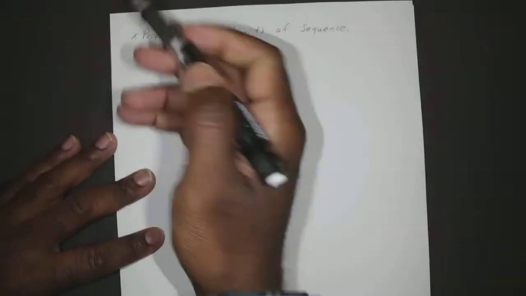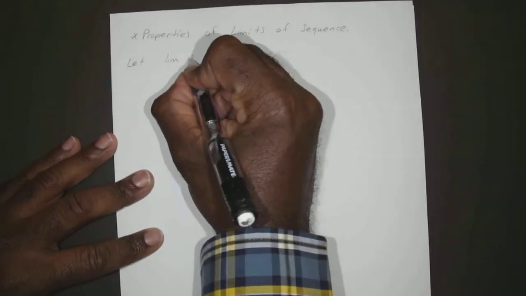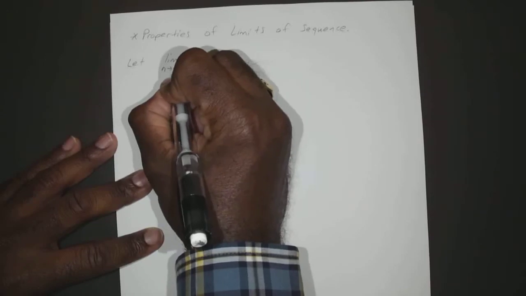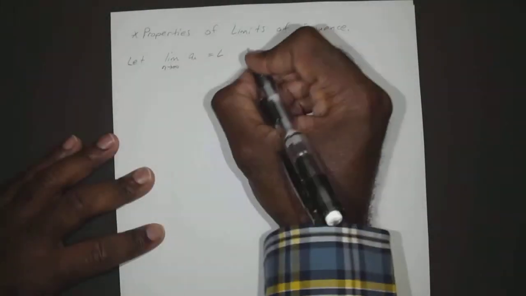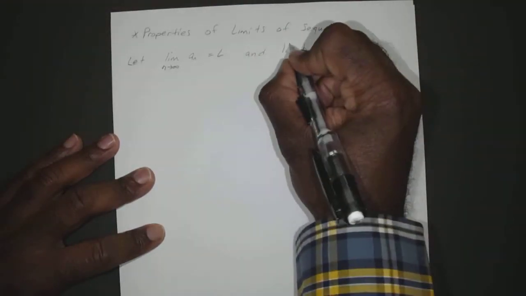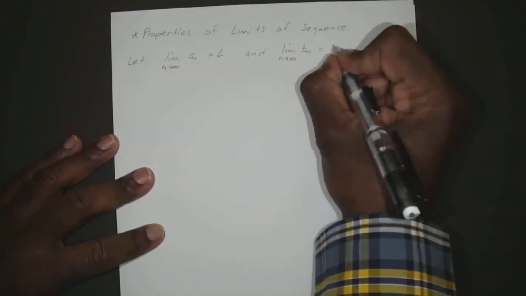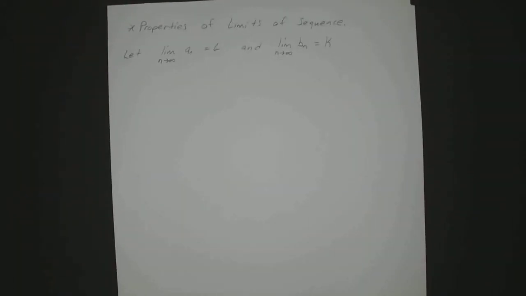What if we let the limit of some sequence a sub n as n approaches infinity equal L, and the limit of some other sequence as n approaches infinity equal uppercase K. You can make it L and K, A and B, whichever one you want.